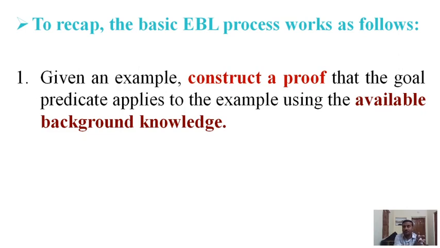For that example, based on some general rules, we constructed tree-structured proofs. We constructed that proof with the help of background knowledge about the concept. Based on that knowledge, we construct this proof. We construct these proofs in order to predict the goals. That is the first point.